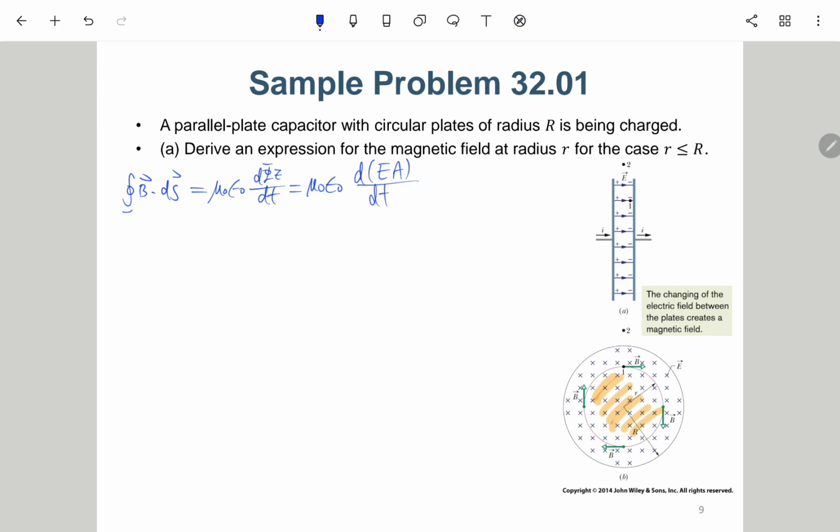Actually for this line integral, we can also consider B is uniform, and also B is parallel to the tangent line of this path. So this simplifies to B times 2 pi r, and then equals mu naught epsilon naught, and then the A doesn't change, so we can put A outside, and then we have A dE dt.